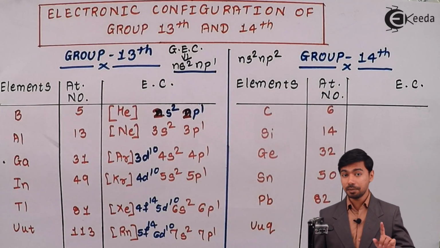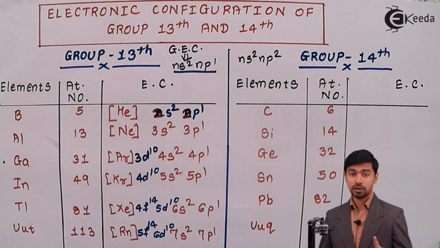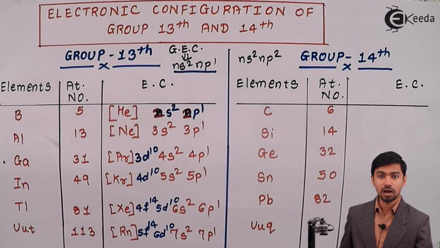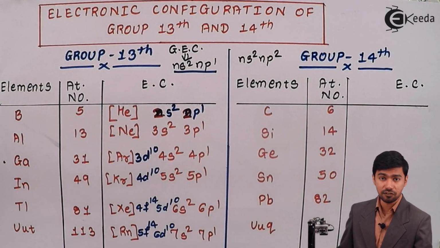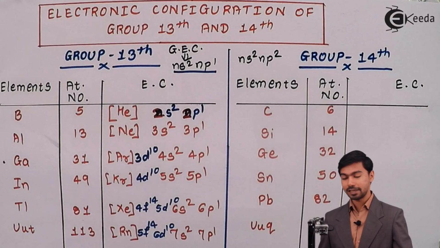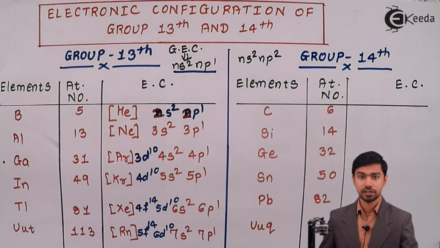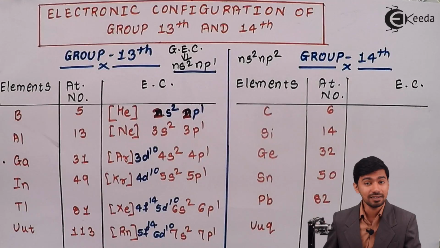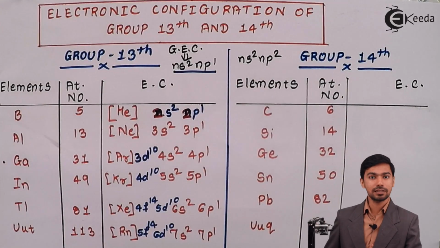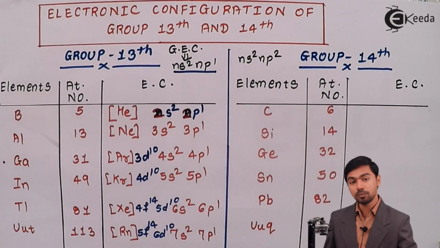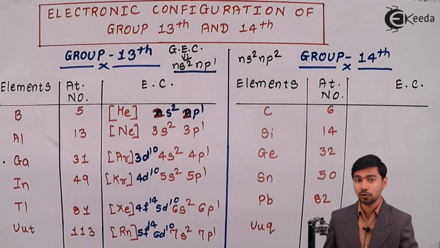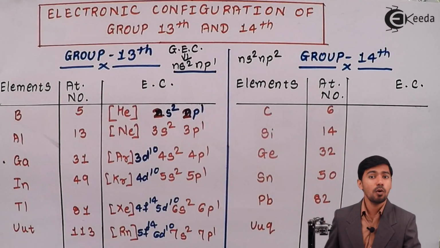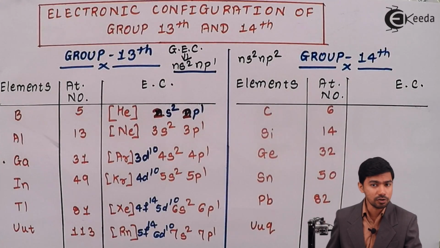Always remember, if you get thorough in the electronic configuration of group 13, there will not be any difficulties in the case of group 14, because the reasons, the consequences and the properties are exactly the same as group 13 for the rest of the groups. So let us move towards the group 14 electronic configuration and see whether it is the same as group 13 or not.